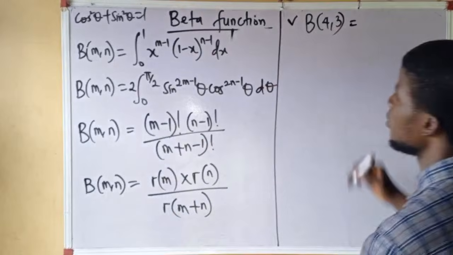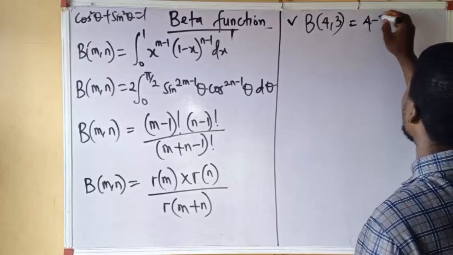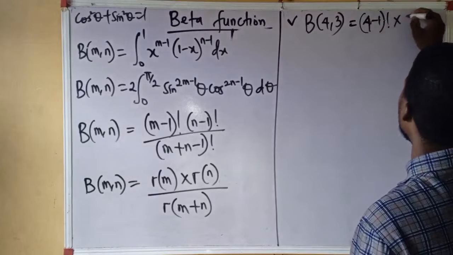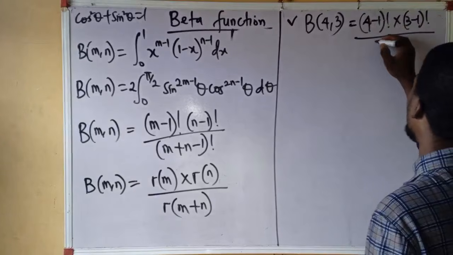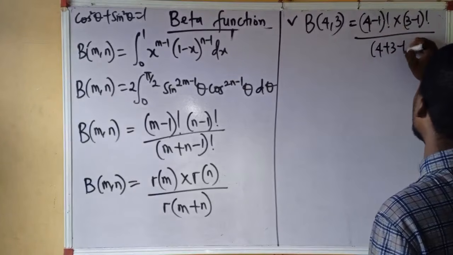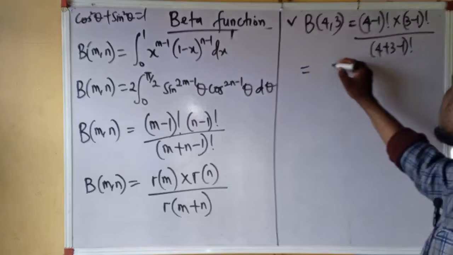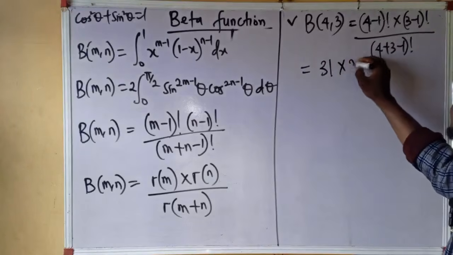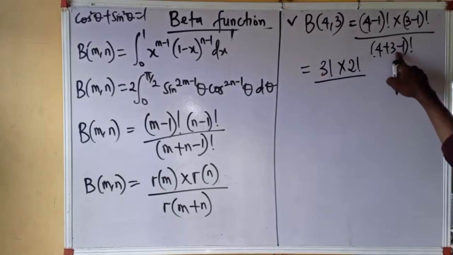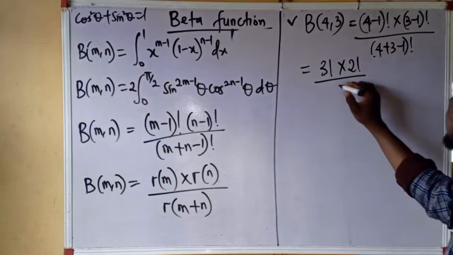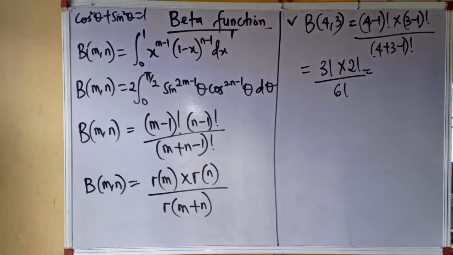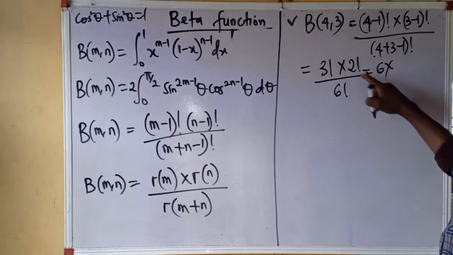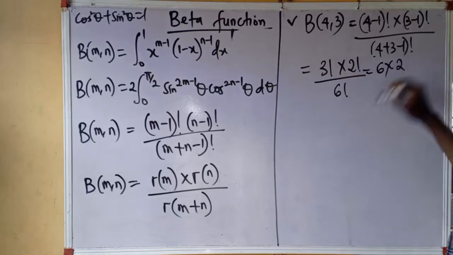It is simply 4 minus 1 factorial times 3 minus 1 factorial divided by 4 plus 3 minus 1 factorial. This is 3 factorial times 2 factorial over 6 factorial, since 7 minus 1 is 6. 3 factorial is 3 times 2 times 1, which is 6. 2 factorial is 2.